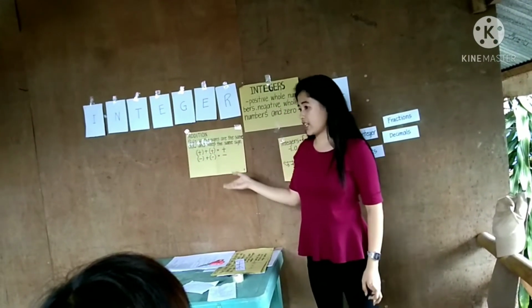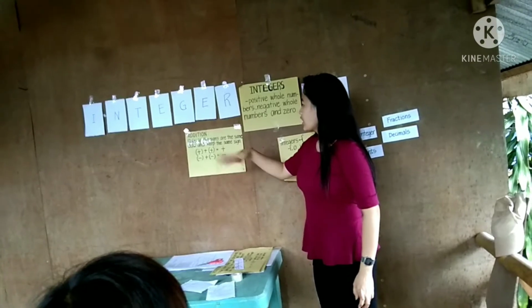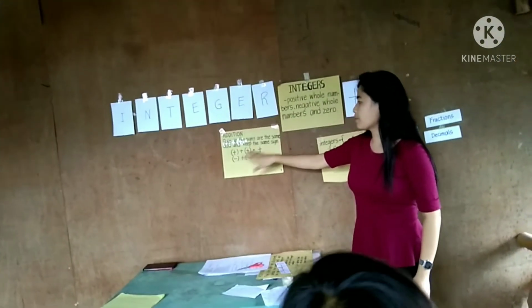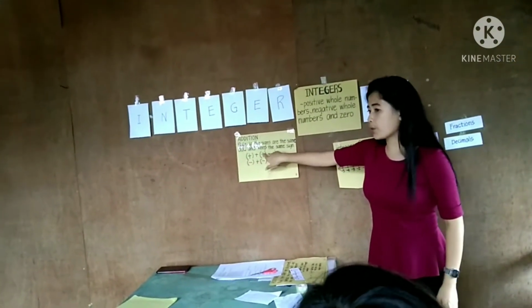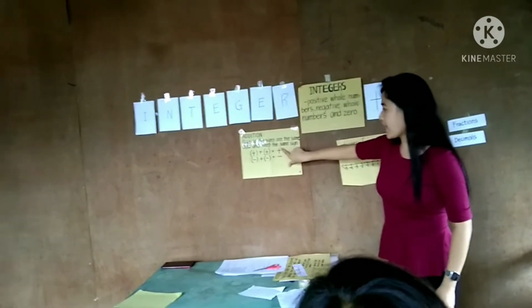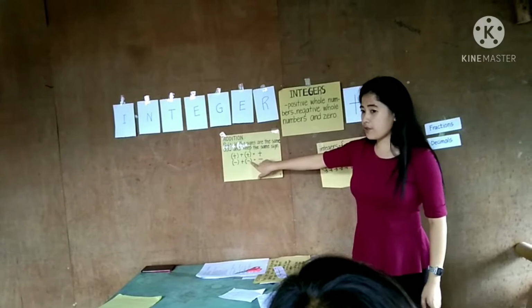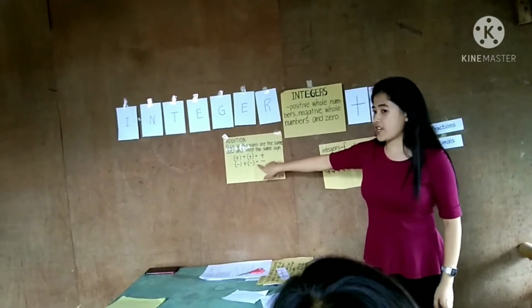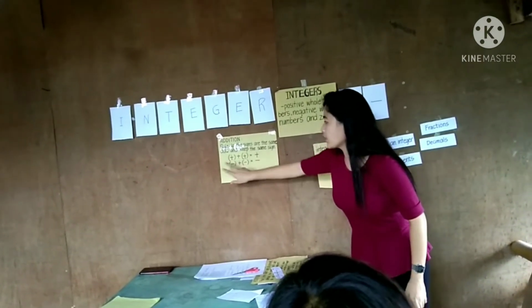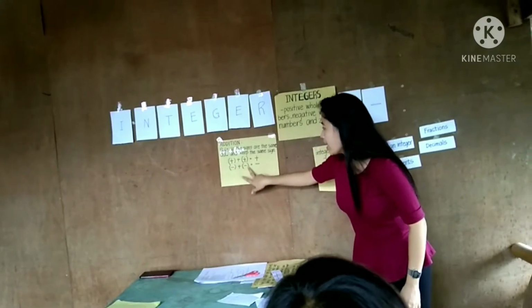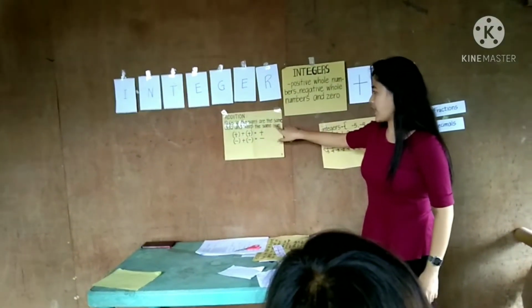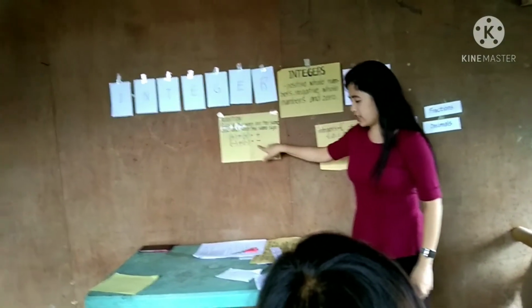So the answer is positive, because they have the same sign, so you keep the same sign. You add the numbers, then keep the same sign. Negative first number plus negative second number. So the answer is also negative. You add the numbers, then copy the same sign, which is negative.